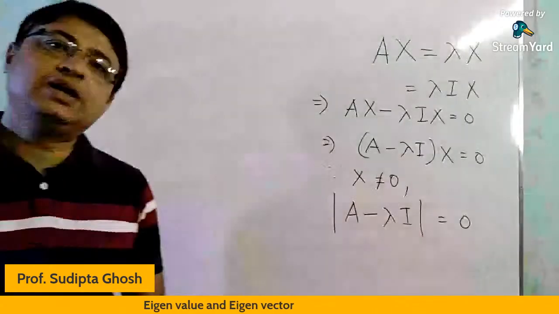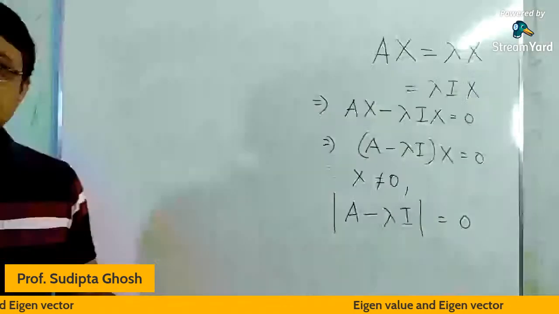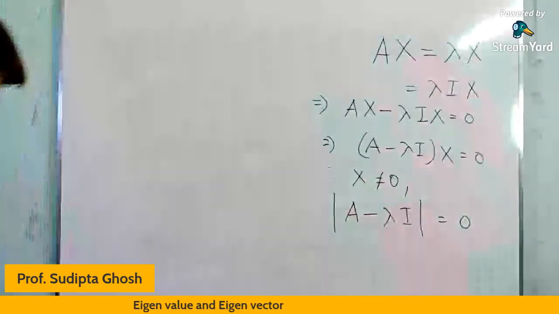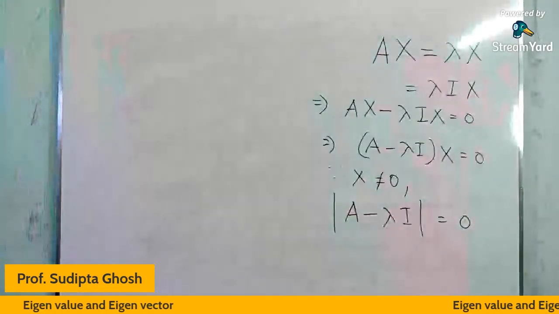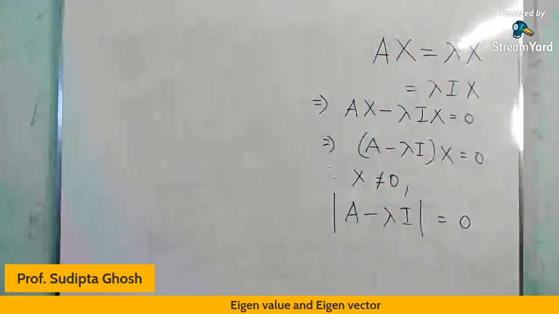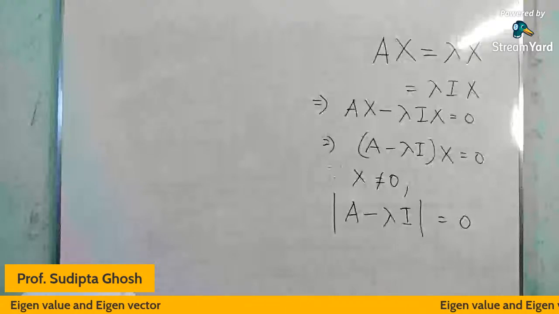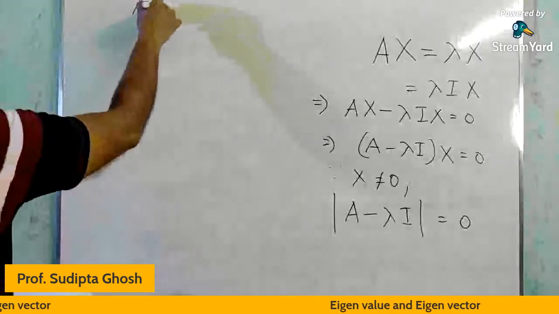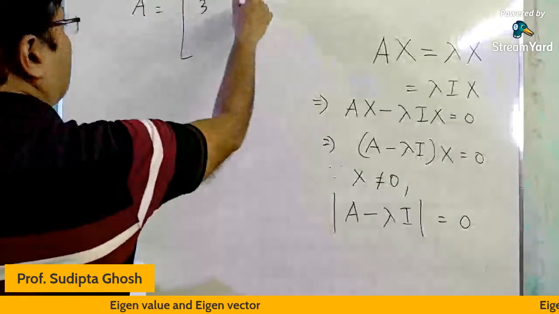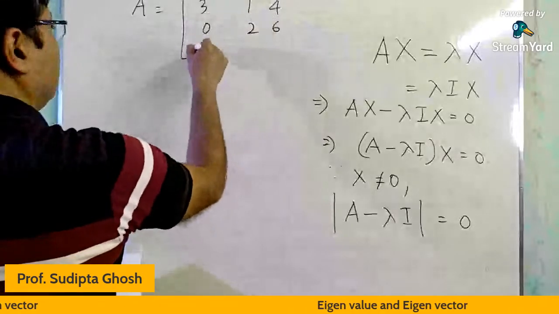Now let's proceed to a problem in which we have to find eigenvalues and eigenvectors for a matrix A. Let the matrix A be given as 3 1 4, 0 2 6, 0 0 5.